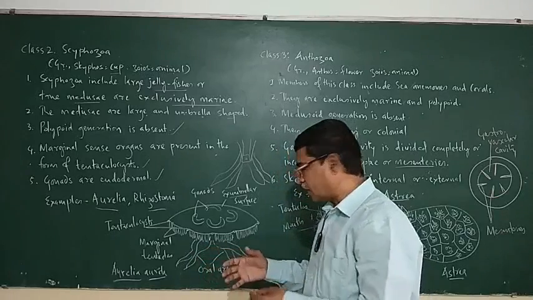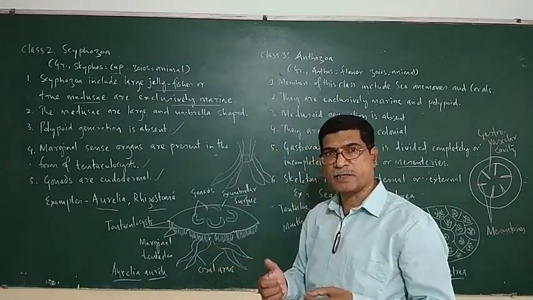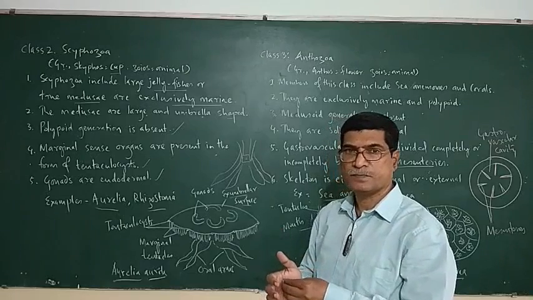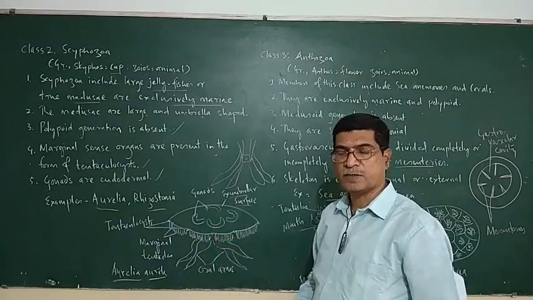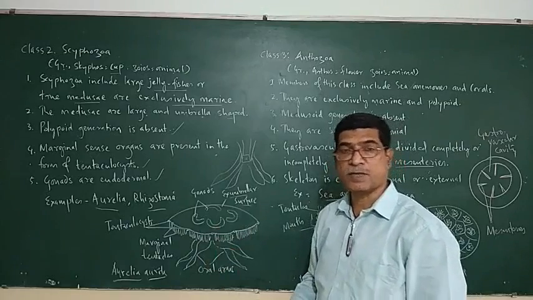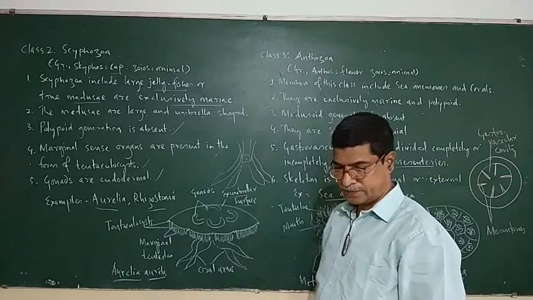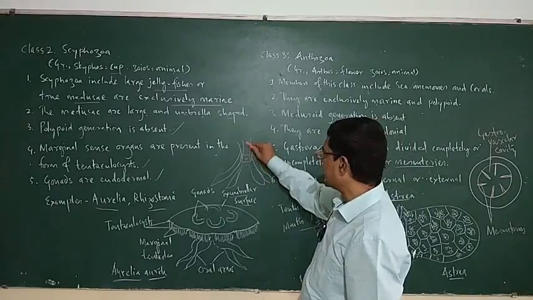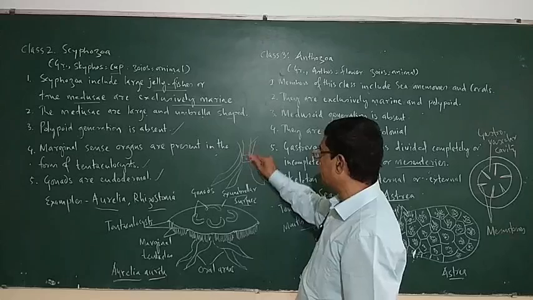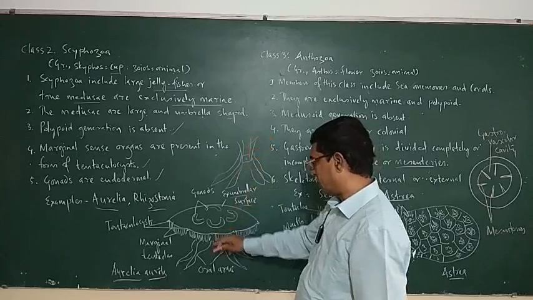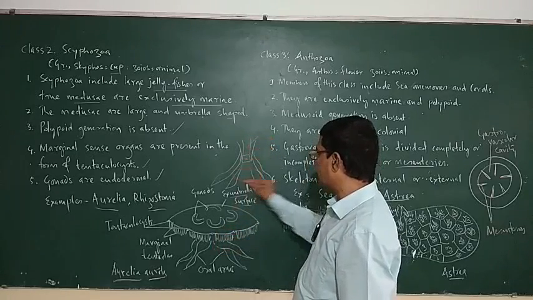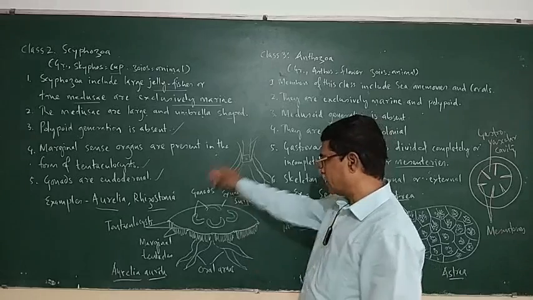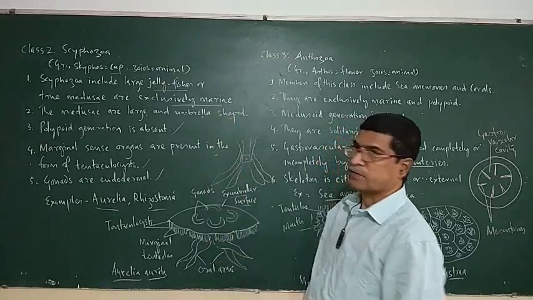With the help of oral arms, they capture food organisms and the food is pushed into the mouth. Later on, the food is digested extracellularly as well as intracellularly. That's about the class Scyphozoa.